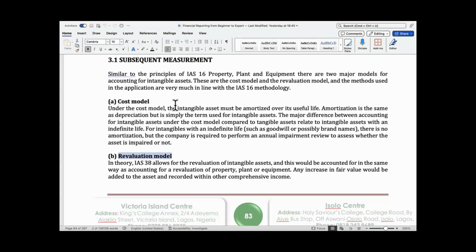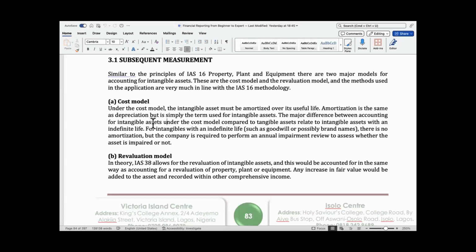Now, note the peculiarity here. Listen up. For cost model, you find out that most intangible assets would have an indefinite useful life.